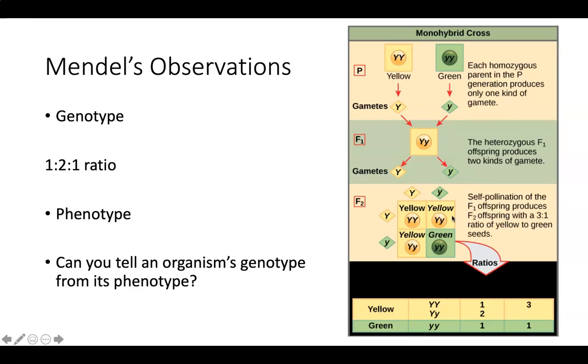But you cannot tell the genotype for the dominant phenotype, because the dominant phenotype could have the genotype of homozygous dominant or heterozygous. And so there's no easy way to just look at an organism and tell its genotype for an organism that has the dominant phenotype.